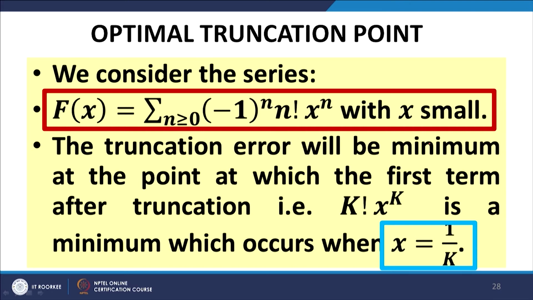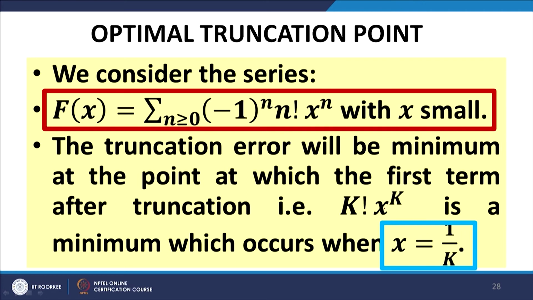Let us say the truncation is after k terms, so the kth term is the term that is neglected. What is the kth term in magnitude? It is k factorial x to the power k. This is the immediately following term after the truncation, and the truncation error will be less than this term.